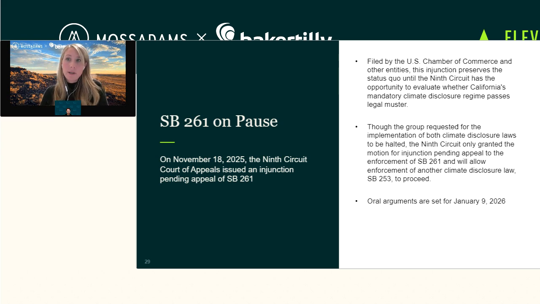Our recommendation is really that companies continue to prepare for being ready to publish their report shortly after the oral arguments are resolved. This has been brought to the lower courts. The lower courts did generally uphold 261. And in most cases, the Ninth Circuit is upholding the lower court's decisions.